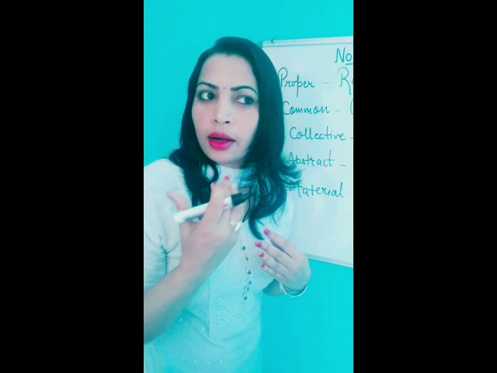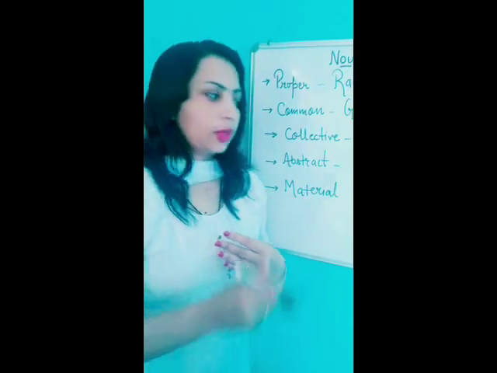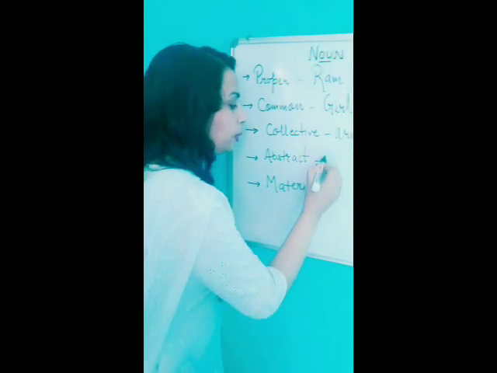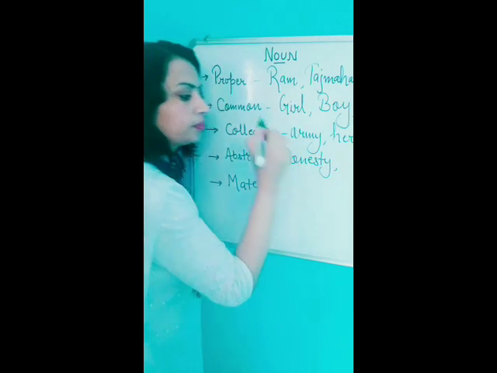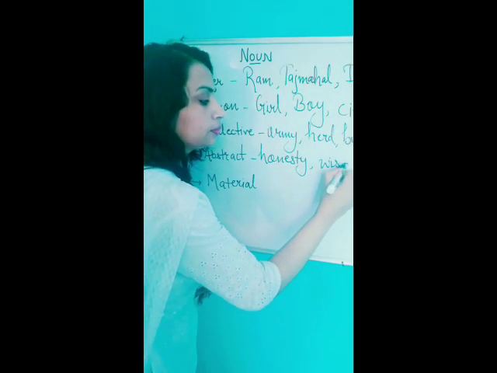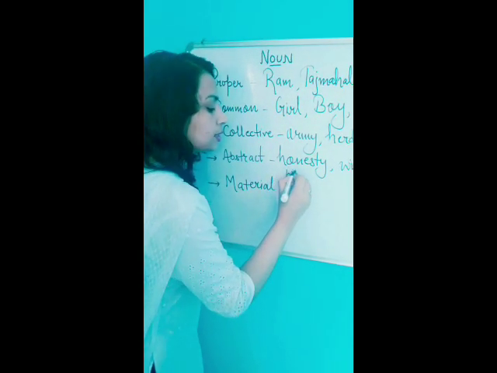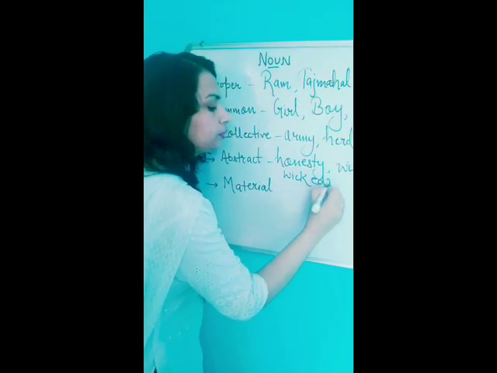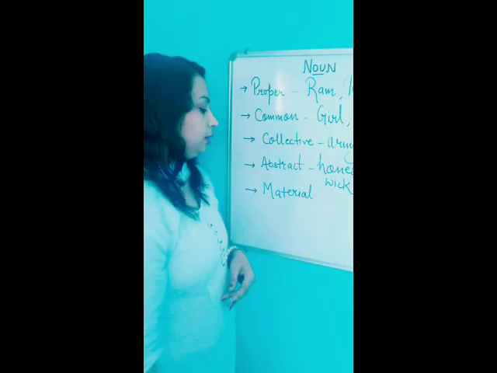Through his or her action only, we can judge that the person is honest. So abstract nouns are honesty, wisdom, wickedness and many more. You can add yourself in further.